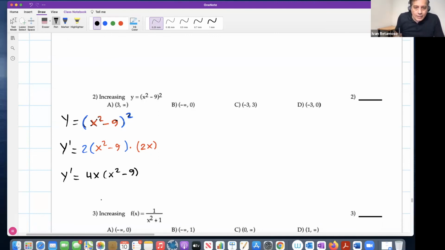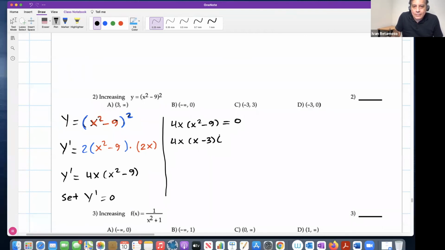Now we're going to set this equal to 0. Set your derivative equal to 0, and we have to find our critical points. So we're going to set 4x times (x squared minus 9) equal to 0. We're going to solve for x and find our critical points. This factors as (x minus 3) times (x plus 3).